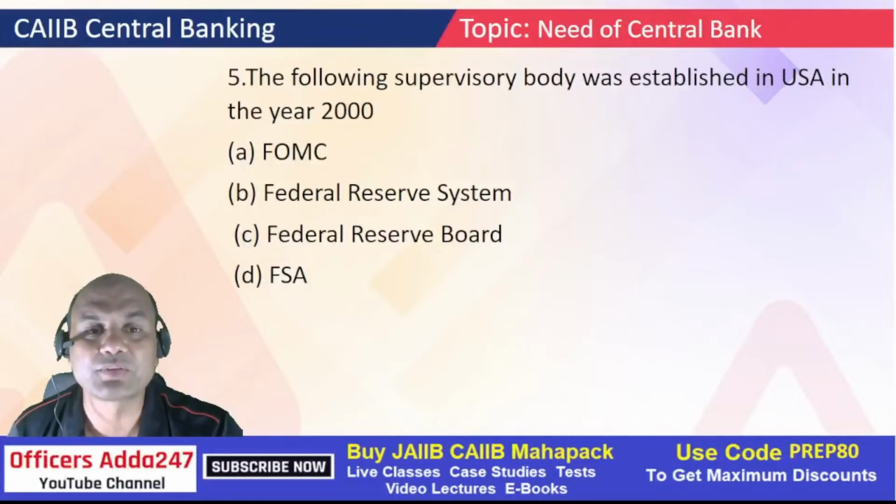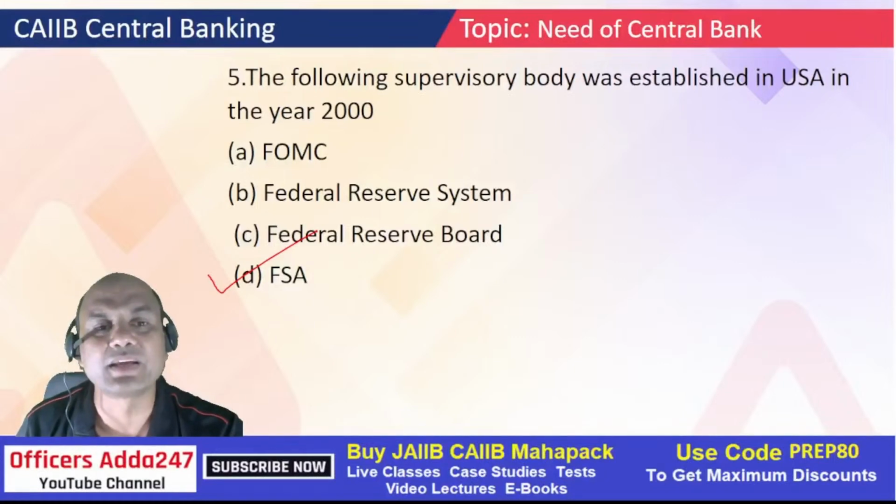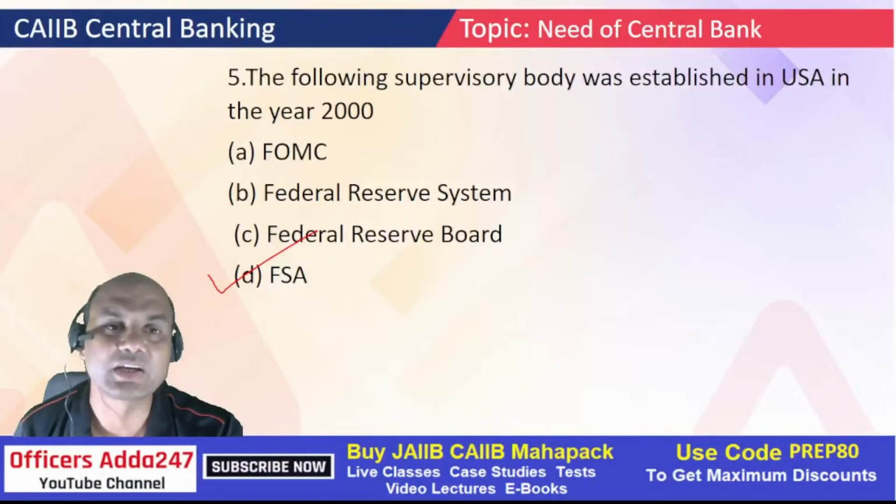Let me see how many of you can answer here. It is FSA. The correct answer is FSA. What is FSA? FSA means Financial Services Agency. It was established in USA in 2000.